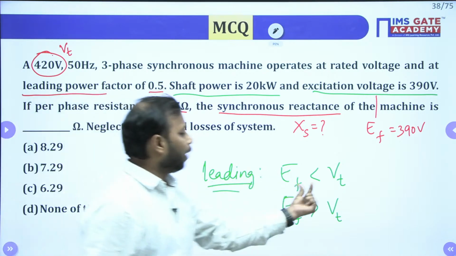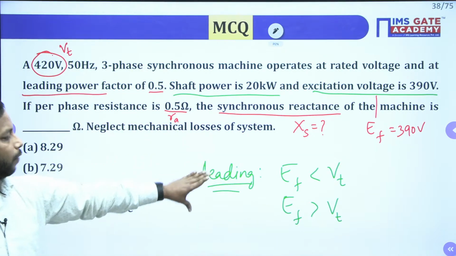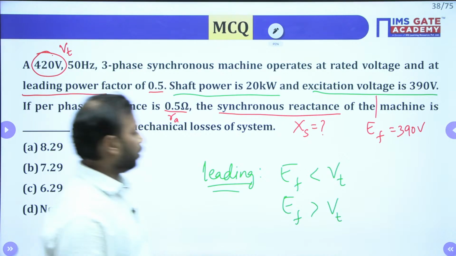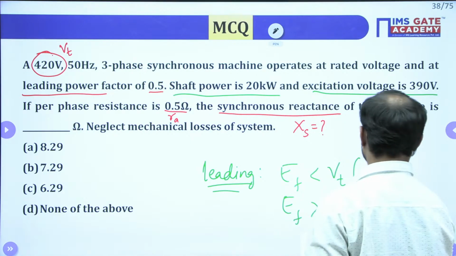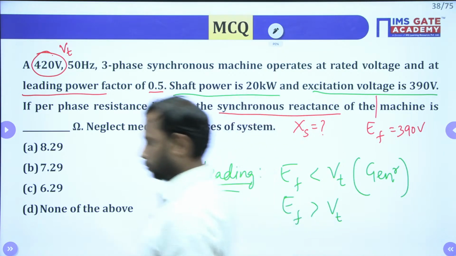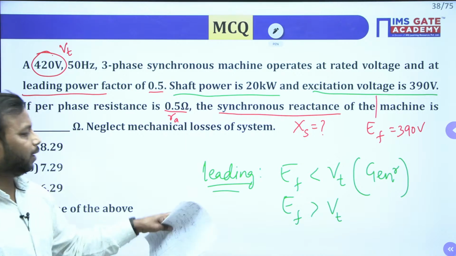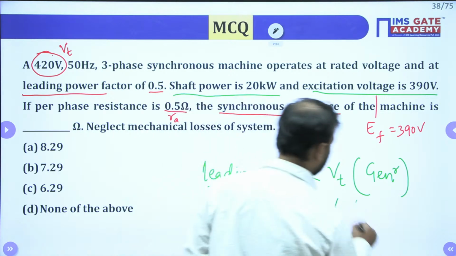If EF is less than VT in case of leading power factor, then this is the case for the generator. Whereas if EF is greater than VT at the leading power factor, then this will be the case for the motor.